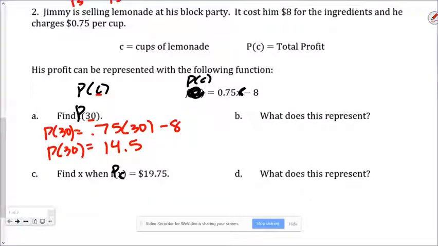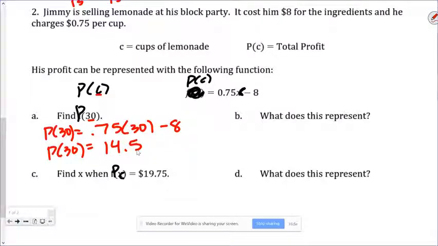Okay, so we have to say, what does this represent? So 30 was my C value. So for 30 cups of lemonade, his total profit is $14.50. So I'm going to write that as a dollar amount. So I'll write that here.